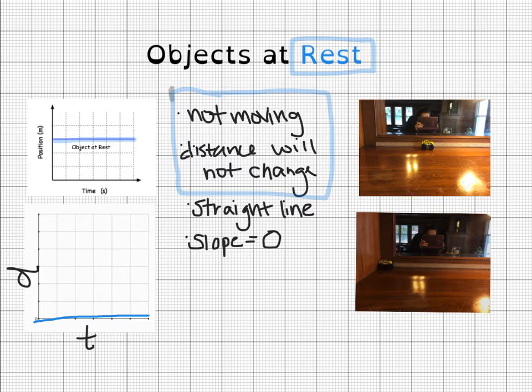This bottom graph down here, though, okay, I have a straight line going from 0 all the way over through my time in seconds. I'm going to know that it's not moving, and its distance won't change because it's a straight line and the slope is 0. Okay, so let's see what it looks like.